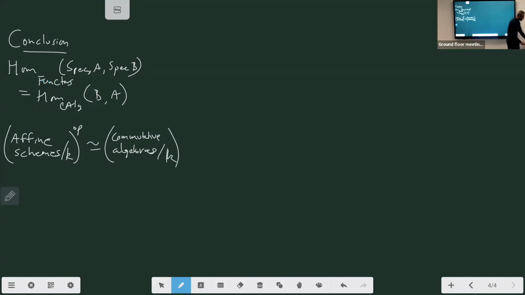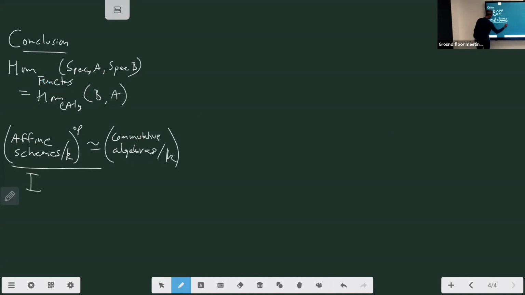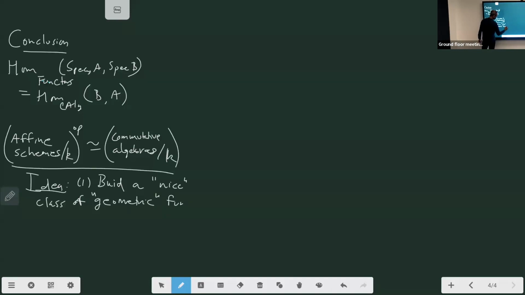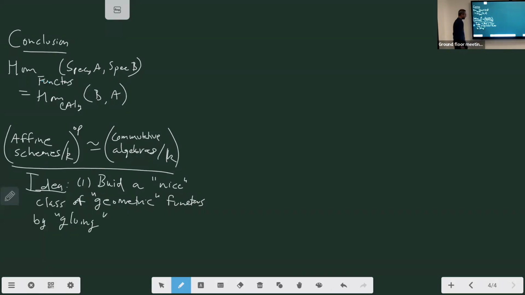Okay, so the idea, as I said earlier, is to build a nice class of geometric functors by gluing affines.